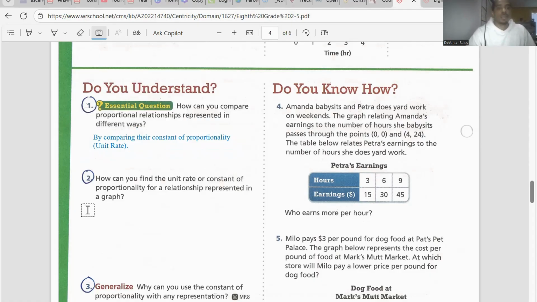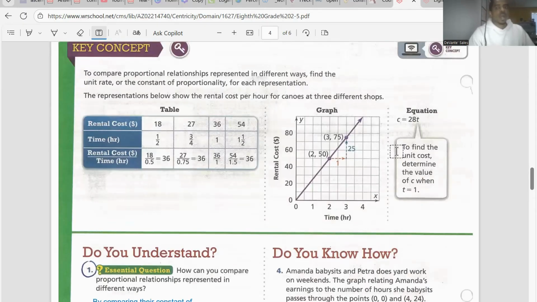All right. For this next one, how can you find the unit rate or constant of proportionality for a relationship represented in a graph? So real quick, I'm gonna go back up. So obviously this is a graph, right? And typically it's gonna be on a coordinate plane. The biggest thing that I want y'all to remember, real quick, if I was to just draw a simple coordinate plane.